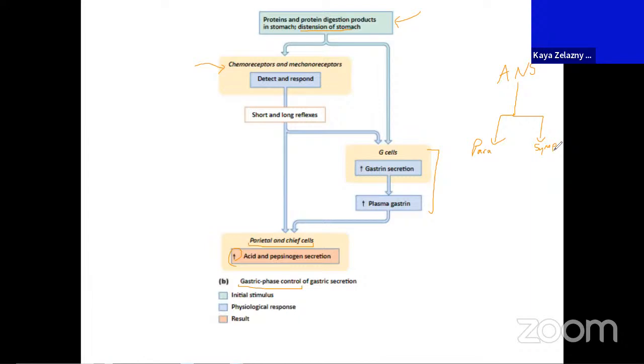So that's why we don't see the parasympathetic reaction here on this gastric phase of control, is because those parasympathetic nerves are starting in your head. So if they're sending out a signal, we'd have to put the head and the brain in that map. So this is really more linked up with these kinds of hormones is what we're emphasizing here.